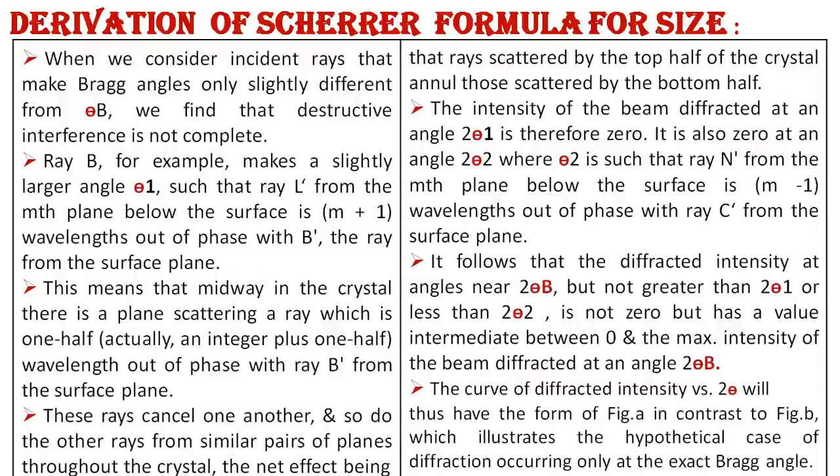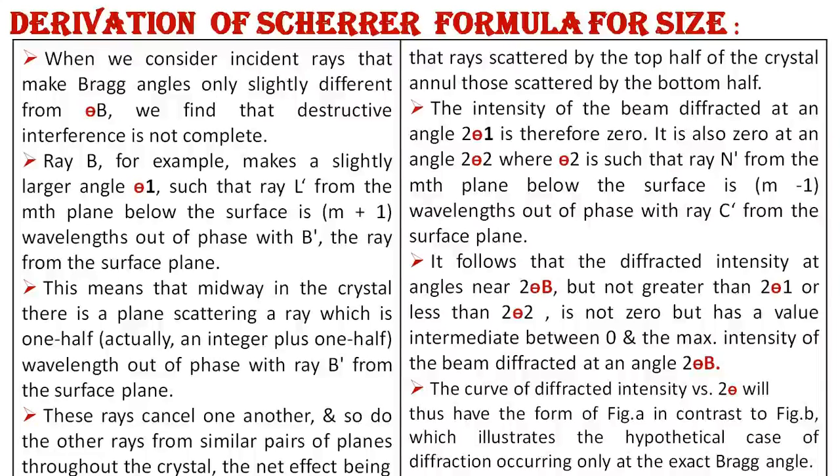Now, when we consider incident rays that make a Bragg angle slightly different from theta B, we find the destructive interference is not complete. Ray B, for example, makes a slightly larger angle theta 1, such that ray L from the m-th plane below the surface is m plus 1 wavelengths out of phase with B', the ray from the surface plane.